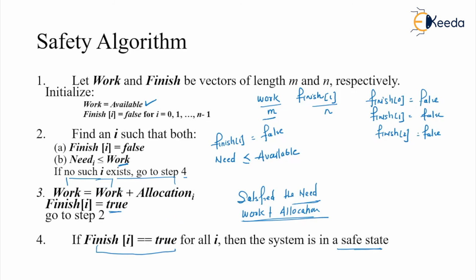Based on this Work, based on this Available, we keep updating Work with whatever has been allocated. Suppose 4 is available and for i the allocation is 2. After this, I can satisfy the request here, and after that this will be added and this will become 6. So if Finish[i] is true for all i, then the system is in a safe state. So that's all for this discussion. Thank you.